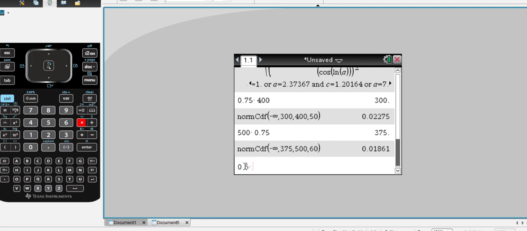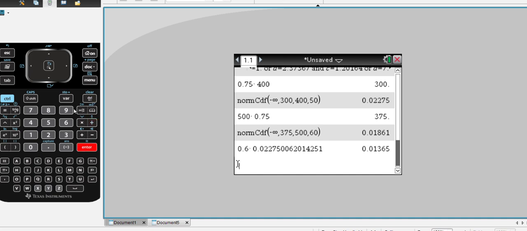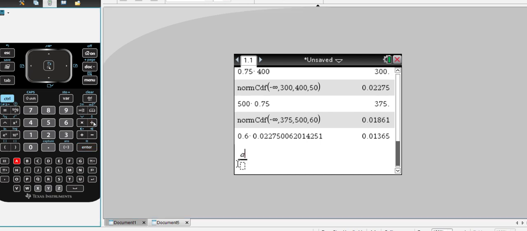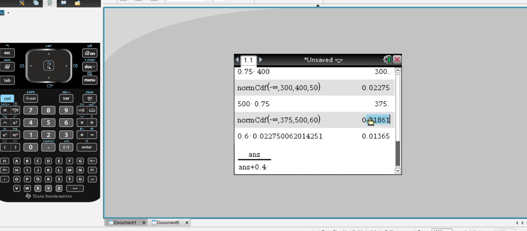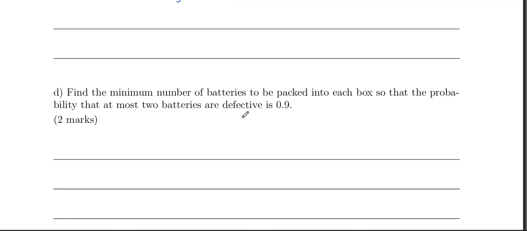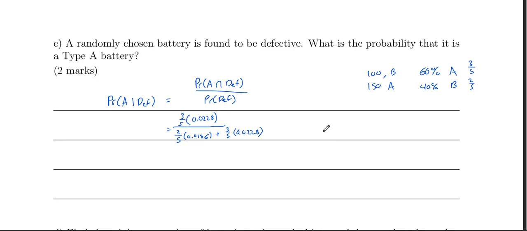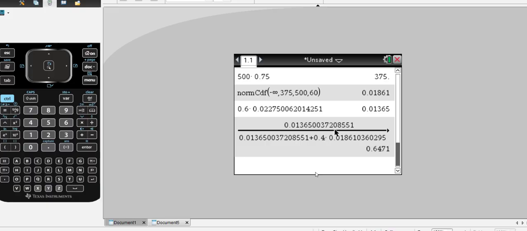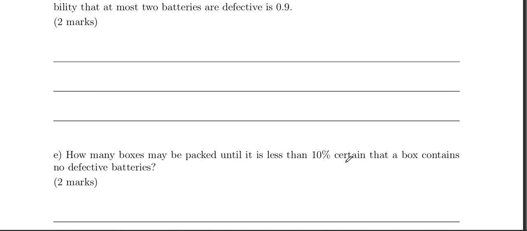So 0.6 times this over, and plus 0.4 times this. That gives us 0.6471. I'm guessing 4 decimal places, 0.6471. There we go.